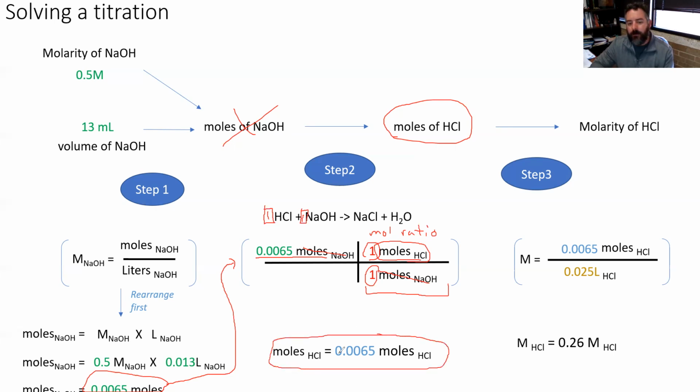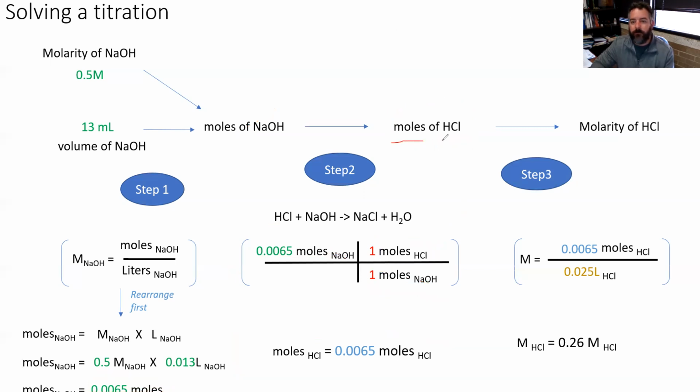So the number of moles of hydrochloric acid is 0.0065 moles of HCl. Okay, so we've done 2 steps because we have moles of HCl. The first step was getting moles of sodium hydroxide. The next step was getting moles of hydrochloric acid.